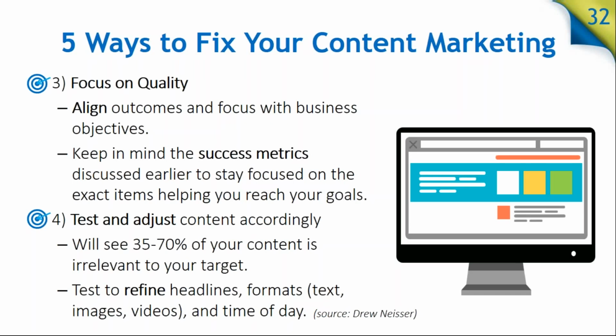You want to put out content that is going to engage your audience, but it's also going to look good on your brand and your reputation. And you don't want to just churn out what everyone else is doing or things that aren't well researched or interesting. And make sure that it's aligned with your business objectives. Keep a close eye on those success metrics and test and adjust constantly as you go along.